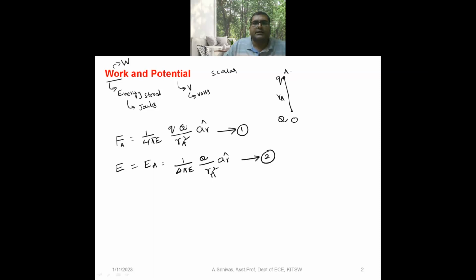What it means is the electric field at A depends on the charge capital Q, not on small q. In simple words, we can say that F is equal to EQ. Equation 3.